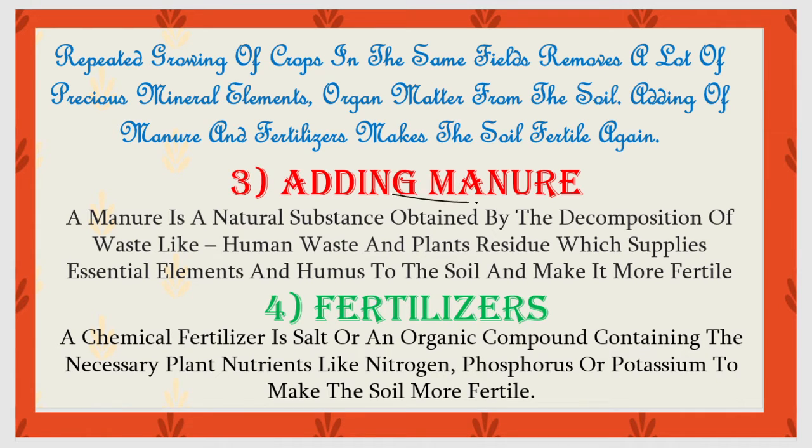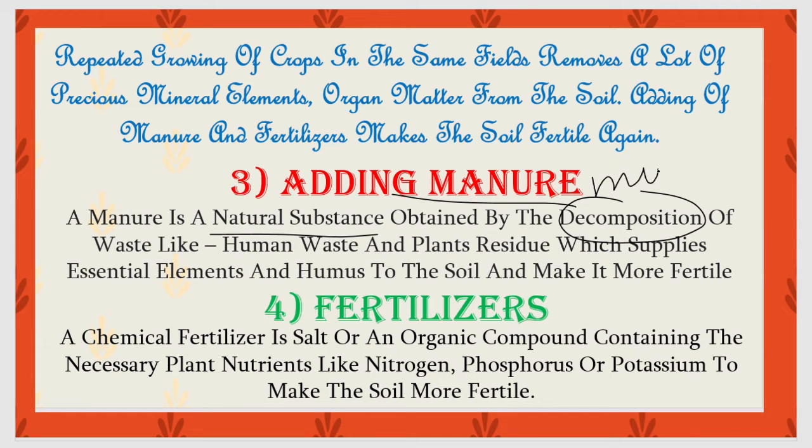So manure basically means a natural substance. As we come across a natural substance, we can say that it is taken out from nature. That is, it is a bioproduct. Bio means taken out from nature. It is obtained by decomposition of waste. Decomposition means breaking down of particles. Now what basically is getting broken down here?